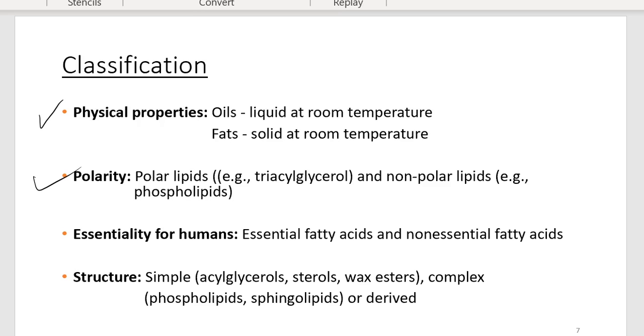Depending on the subject matter, they can be classified as essential fatty acids and non-essential fatty acids. But the best classification is done based on the lipid structure, because this contains all the lipid groups. There are simple lipids like acylglycerols or complex lipids like phospholipids, also derived lipids. Derived lipids are called derived because they generally derive from simple or complex lipids.